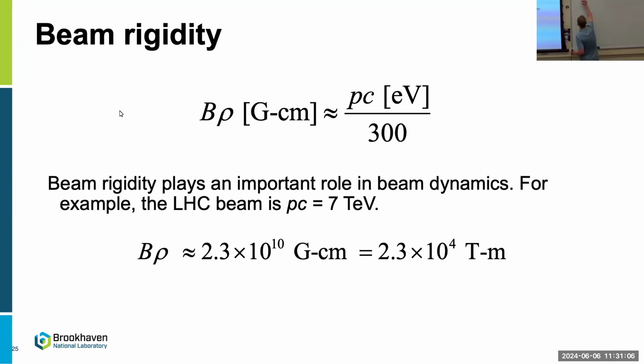Remember, we said that the cyclotron frequency omega c, which by definition is, of course, v naught, the particle velocity, divided by the radius of the trajectory, we said that this is q B naught divided by gamma m c.